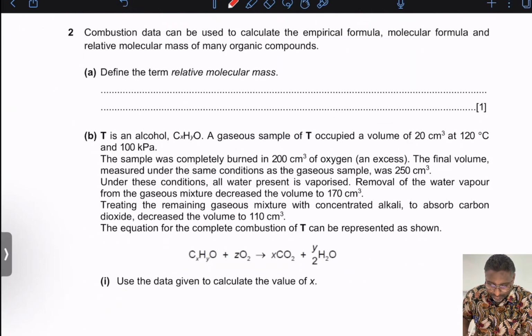Let's move on. Combustion data can be used to calculate the empirical formula, molecular formula, and the relative molecular mass of many organic compounds. Define the term relative molecular mass. So if you define, first you need to mention relative to what? Molecular mass is for a molecule.